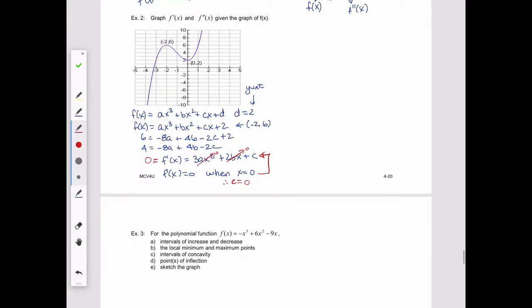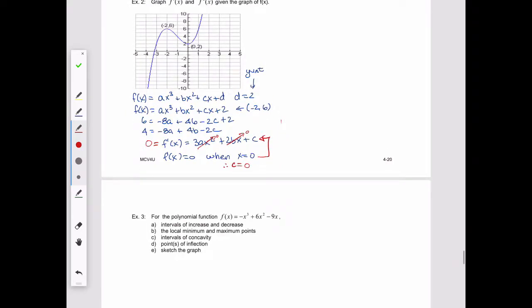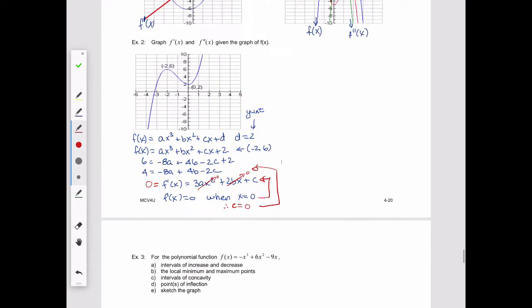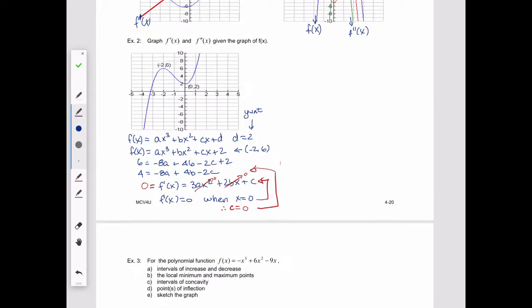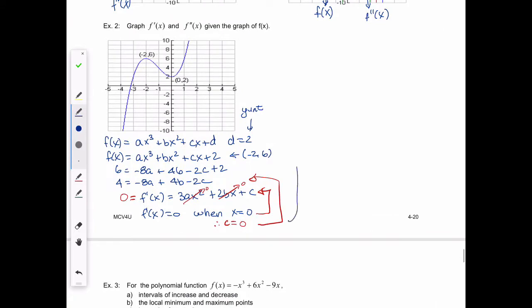I can take the c equals 0 and plug it back into this equation. And if I do that, I want to do it above, right? So I just take a pen and I'm going to sub c equals 0 into, I'm going to call this equation 1 so we know what I'm referring to, into 1.